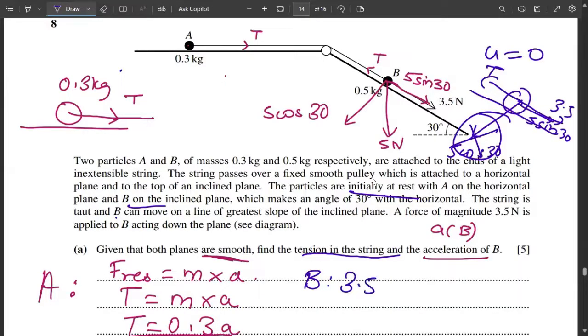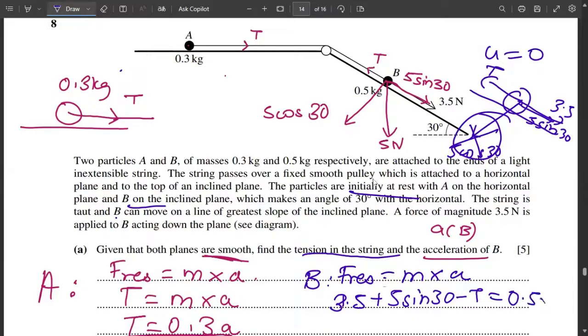So F resultant is equal to mass into acceleration. Therefore, 3.5 plus 5 sin 30 minus T is equal to the mass, 0.5, into a.